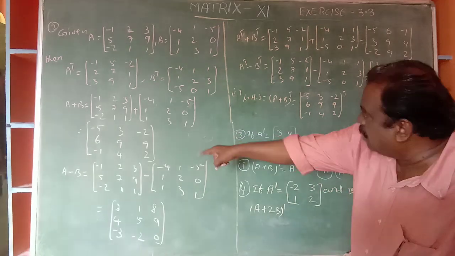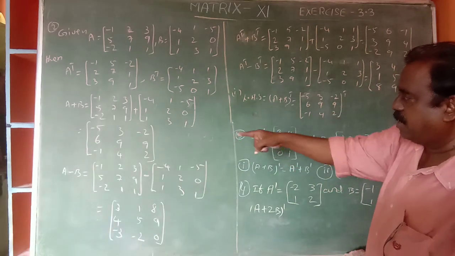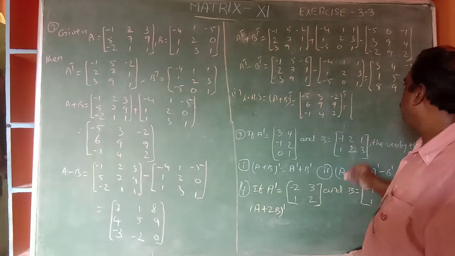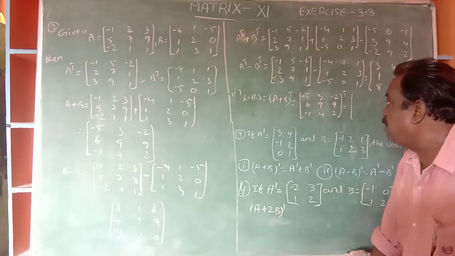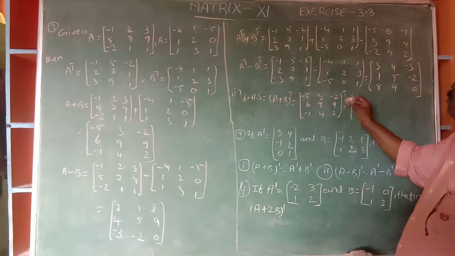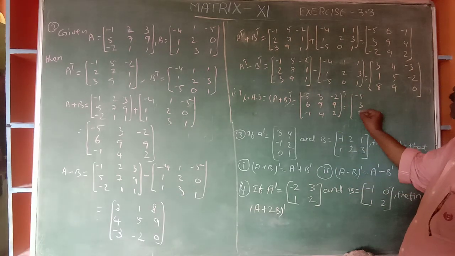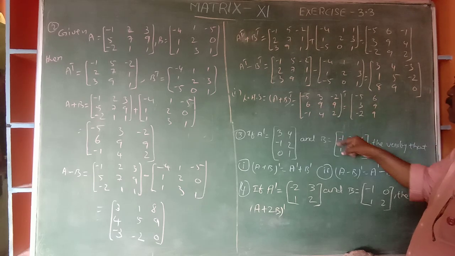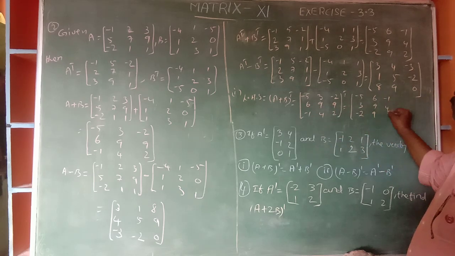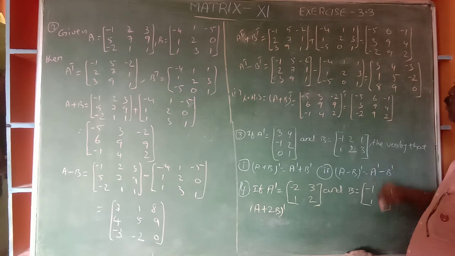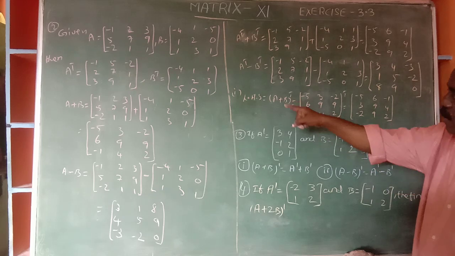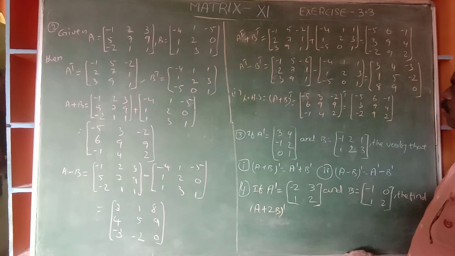I am writing this matrix with the transpose notation also. So transpose means, you know which one. What is transpose? The first row will become the first column. The second row will become the second column. Okay now? So for the first problem, A plus B whole transpose as LHS.